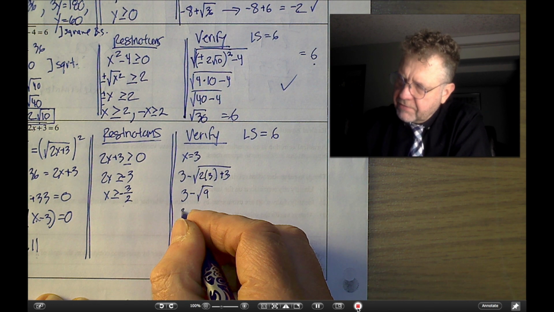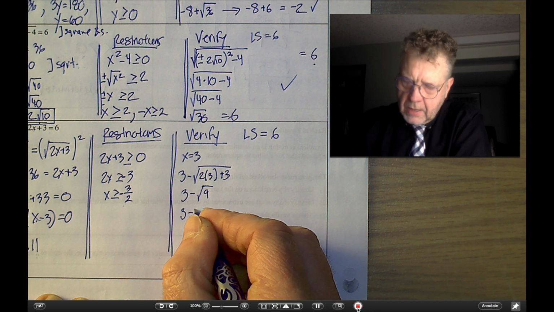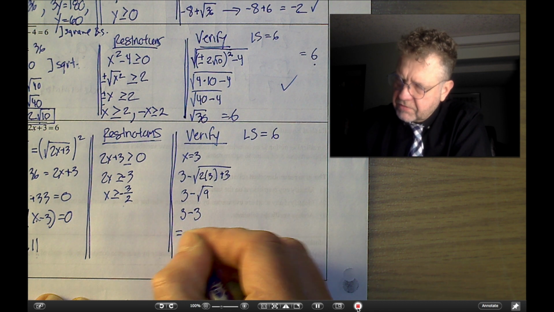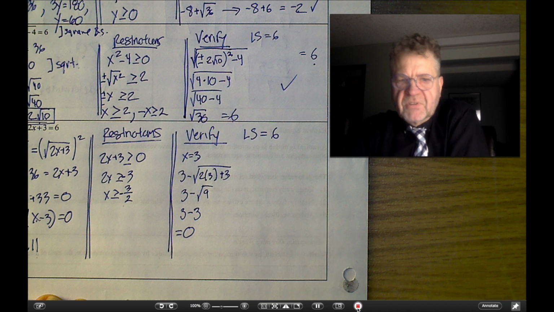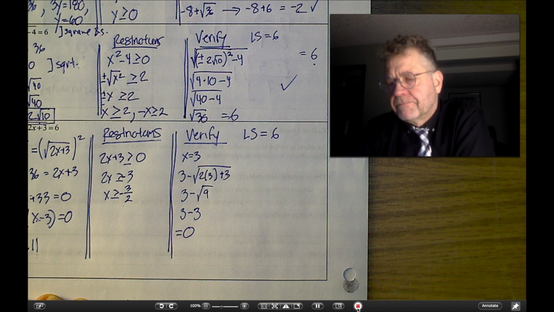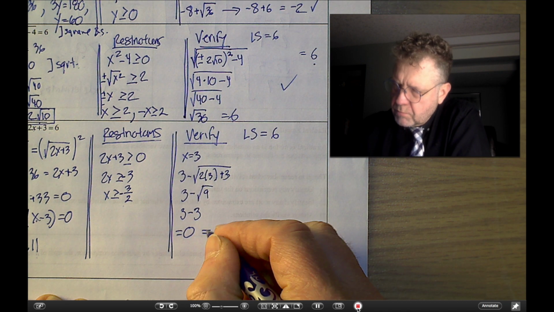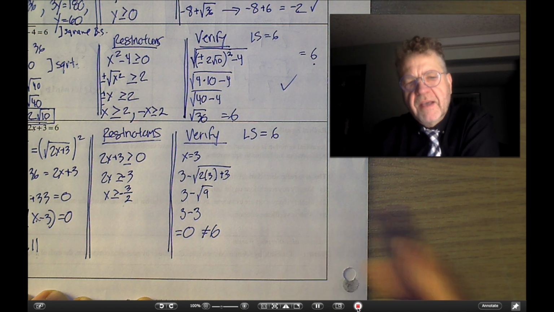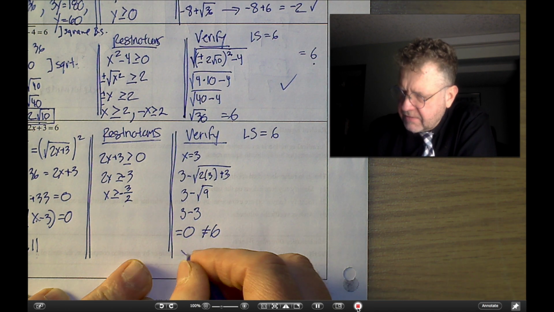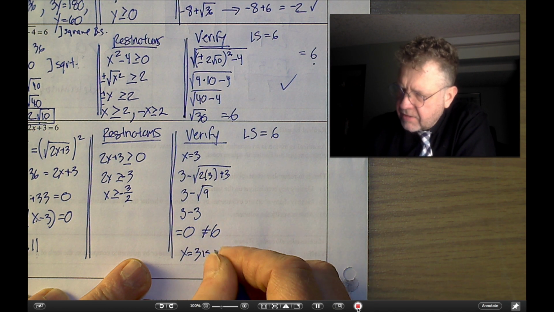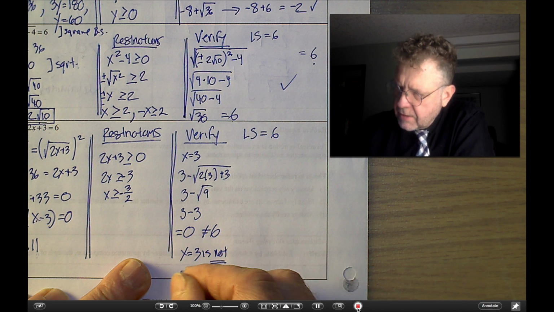In other words, I'm going to have 3 minus 3, which equals 0. Does 0 equal 6? It doesn't, which means that x equals 3 is not a solution.